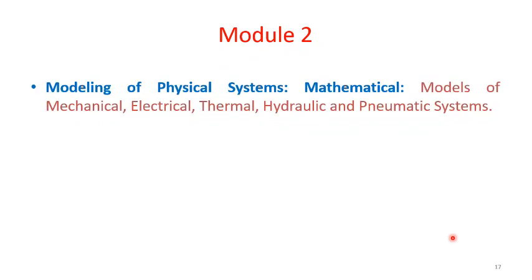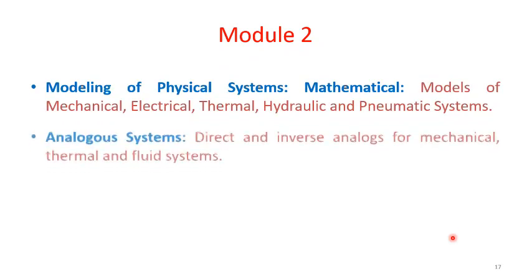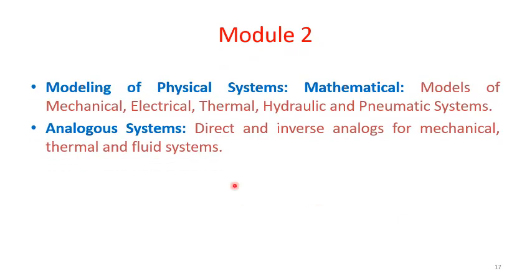Until now, what we have covered is the mathematical modeling of physical systems, that is modeling of mechanical, electrical, thermal, hydraulic and pneumatic systems. In this session we have covered the analogous systems, that is direct and inverse analogous for mechanical, and analogous for thermal and fluid systems.